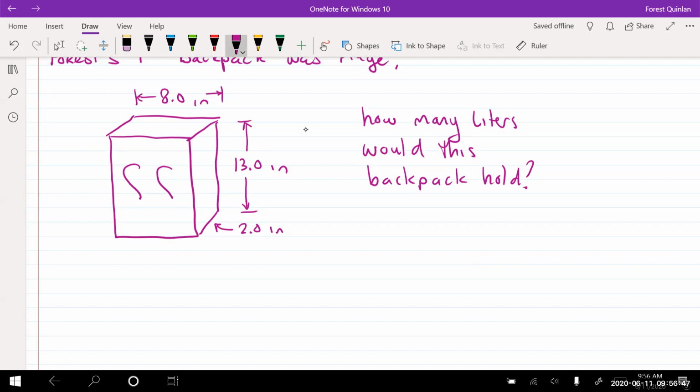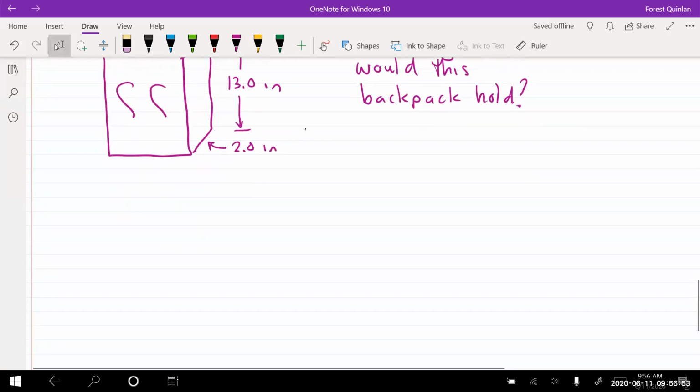Nope. 8 times 13 times 2. No, you're going too fast. This one, by the way, is a long problem. Because what you did, Frank, is you did a calculation. I get it. But you forgot about the most important thing in this. You're going to have to convert inches to liters. That's exactly right. Frank just did the cubic inches part. He did not get all the way to liters.